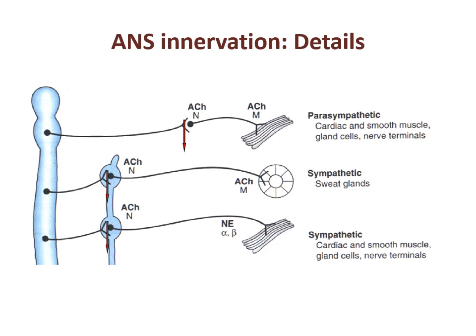I like this diagram because it does a nice job of showing you where the neurotransmitters are in the various portions of the ANS. Here we're looking at 3 different preganglionic neurons and what happens with them.